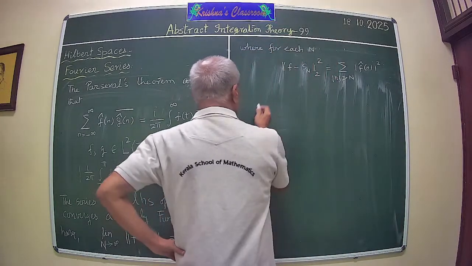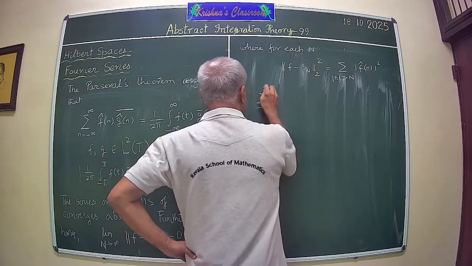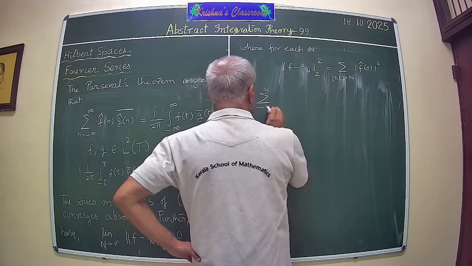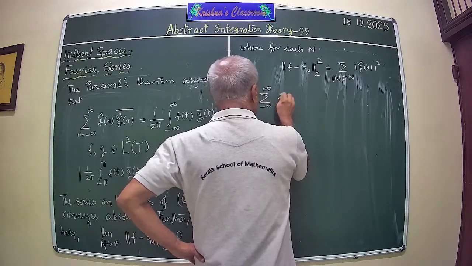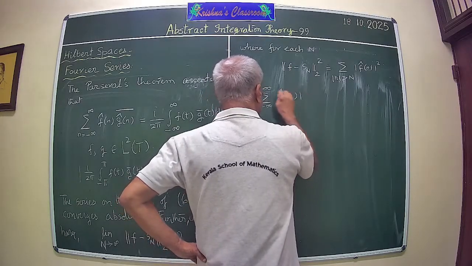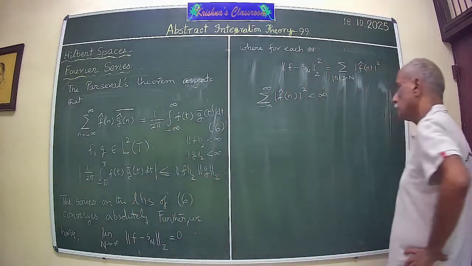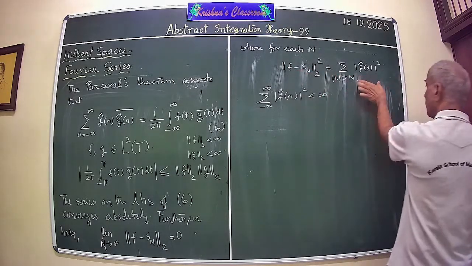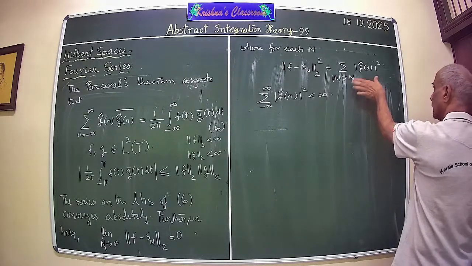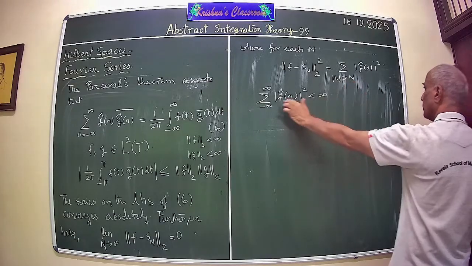Now, to see this, you look at this. We have this convergence, the sum from minus infinity to plus infinity is finite. So you see that this is the tail of the series, and this can be made arbitrarily small by choosing n sufficiently large because of the convergence of this.